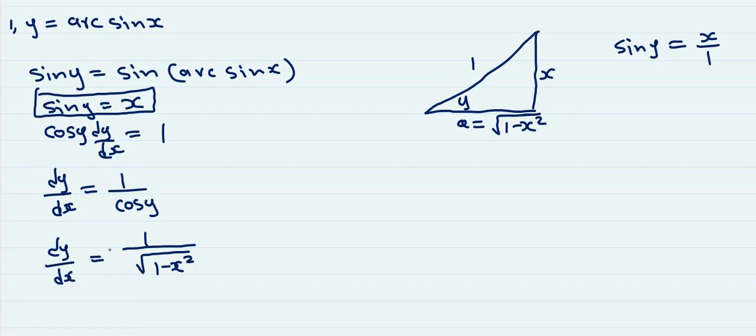So in the other method, you use the identity sin squared y plus cos squared y equals 1, and then we look for cos y.